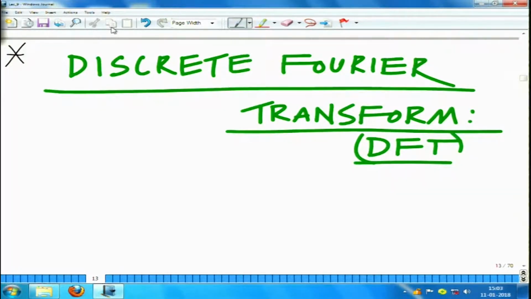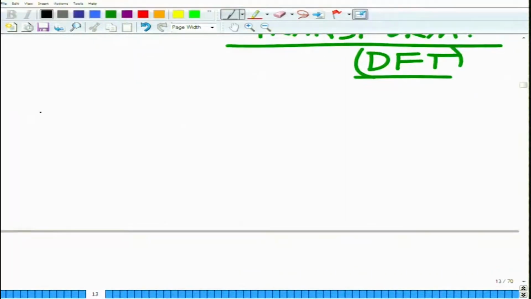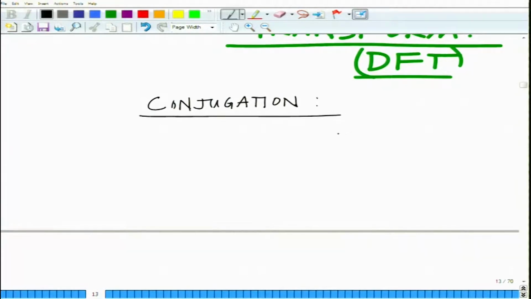And in the DFT we have the DFT of the finite length sequence, and we are looking at the properties of the DFT. Let us continue our discussion with the properties. So, this is the next property, that is conjugation. We have a sequence x n which has the DFT, let us say X of k.